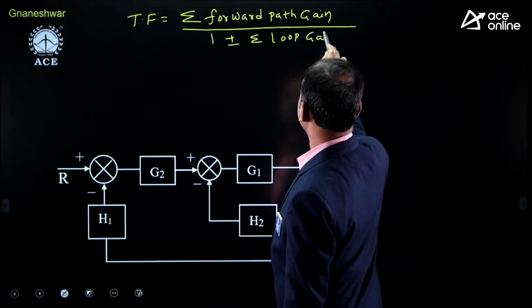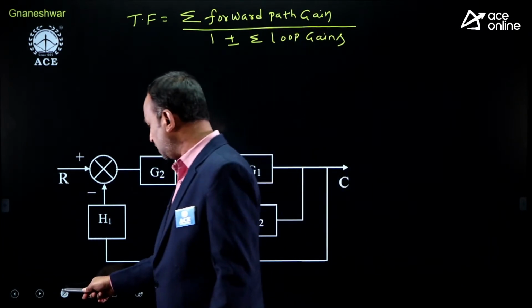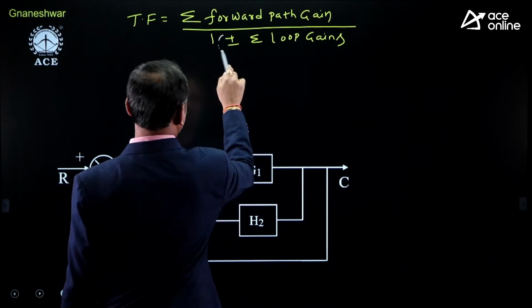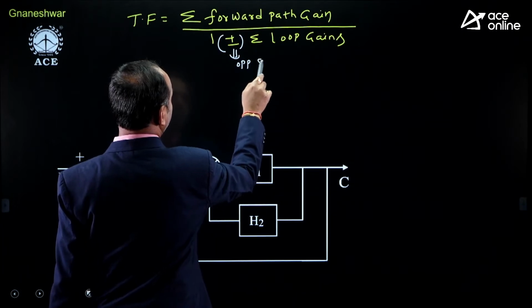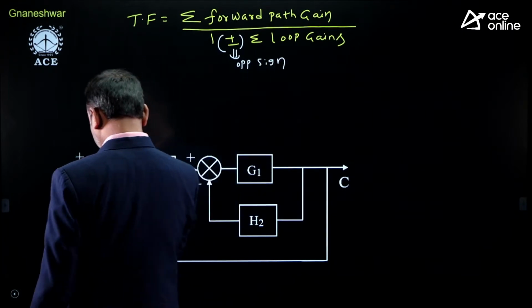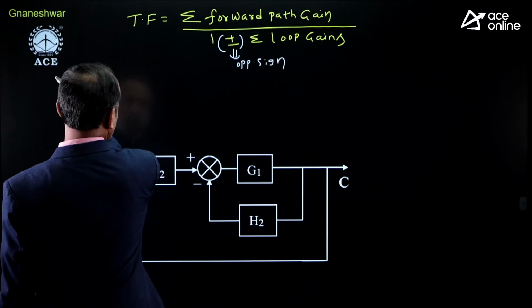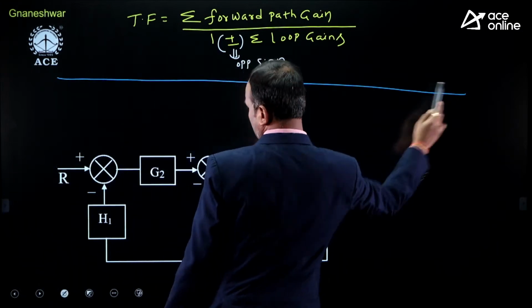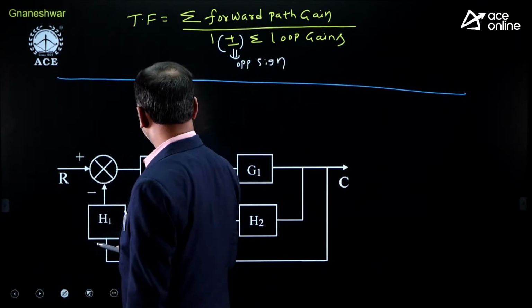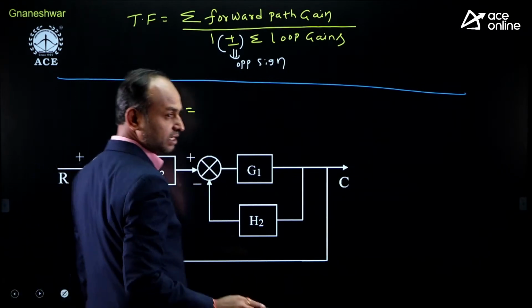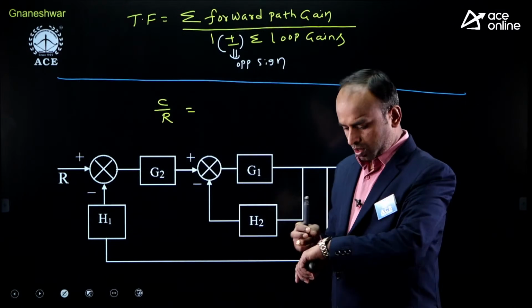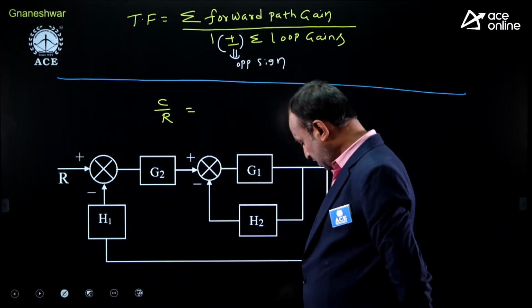Now this is an opposite sign here, nothing but opposite sign. Now I am writing the answer for this one. Overall gain equal to C by R equal to, what are the forward path gains here? Tell me.